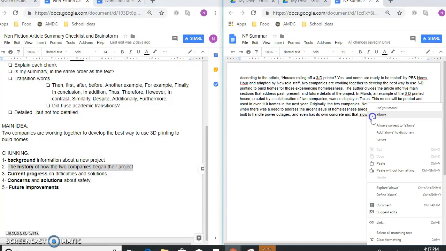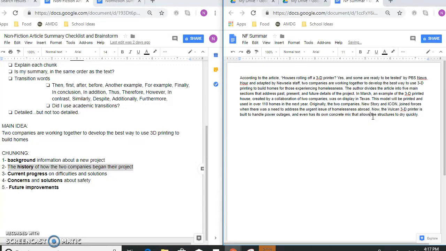Okay, that makes sense because in that section of the article, it talked about problems that they'd faced, power outages and concrete mix, and also the solutions that they'd come up with. Okay, let's use another transition.